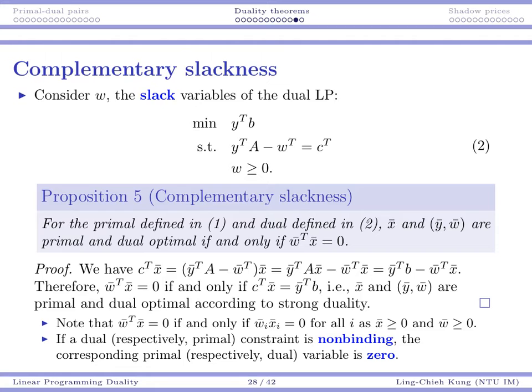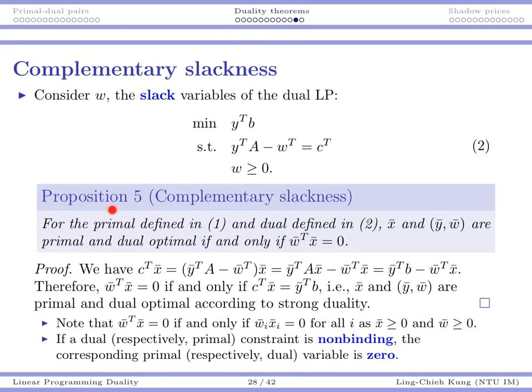Suppose that's the case, then I can subtract Y transpose A by the slack variables W transpose. And then I say all of them should be non-negative. What does that mean? That means I am using the W variables to fill the gap between the left-hand side and the right-hand side of the dual constraints.